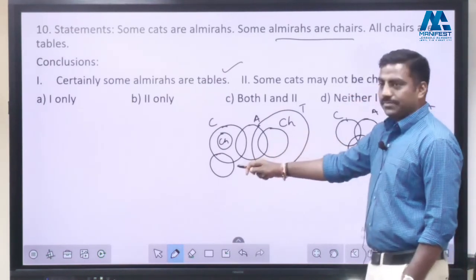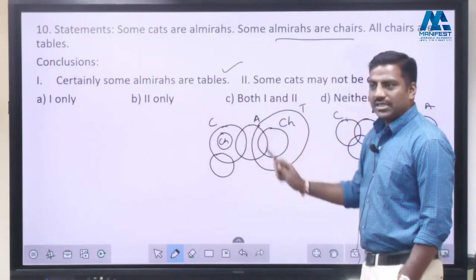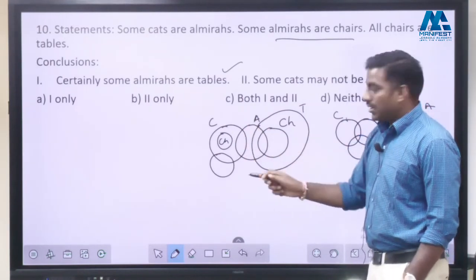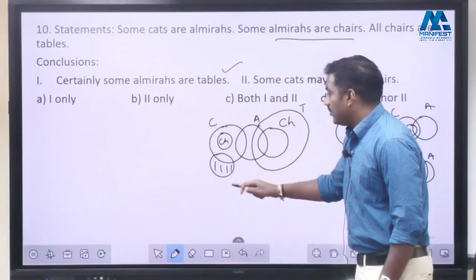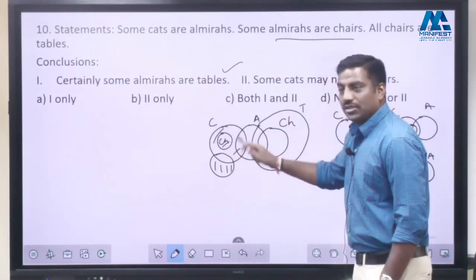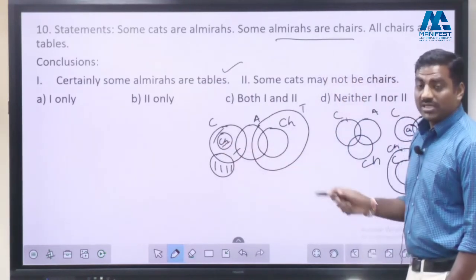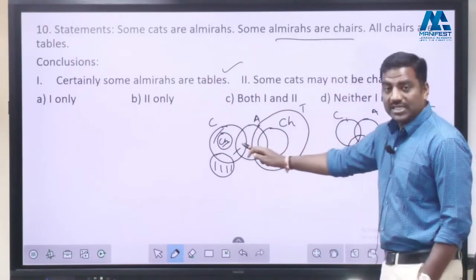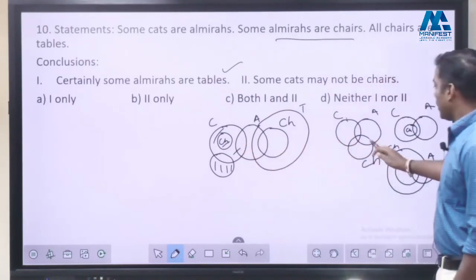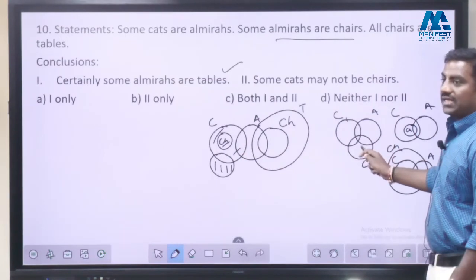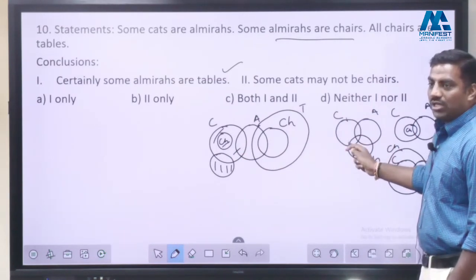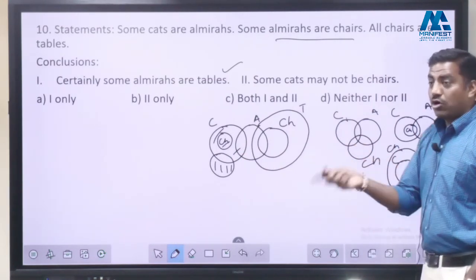In this case, some cats are chairs. They are only, but these are those cats which are not, but they are telling may not be. Okay, there is a possibility, may not be. Here, all chairs are not cats and all cats are not chairs. Some may not be.